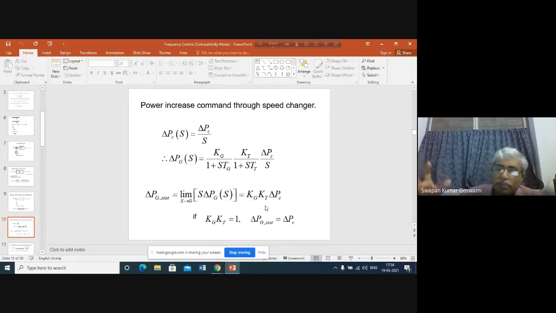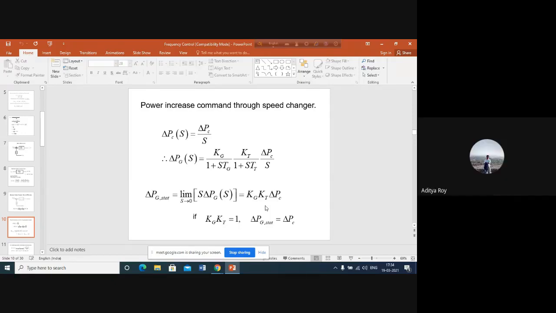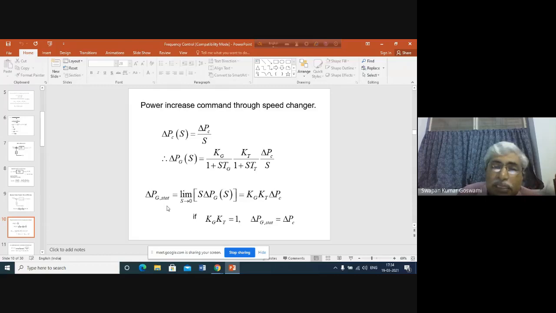So if your desired power output is 20 megawatt, what should be the value of this product Kg Kt? It has to be equal to 1. Am I not correct? Is it clear? Delta Pg stat is equal to Kg Kt into delta Pc.